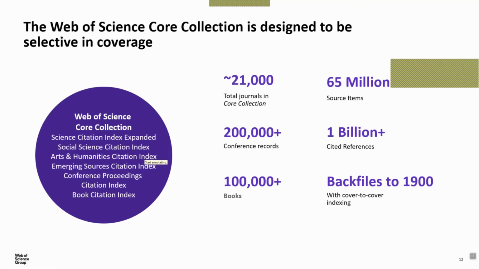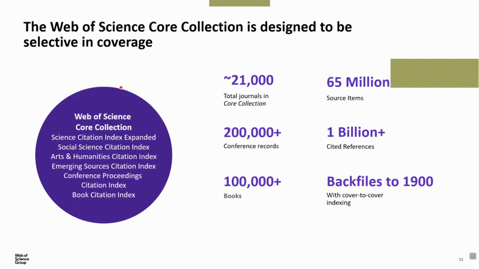Okay? So the Web of Science core collection is made up of the Science Citation Index Expanded, Social Science, Arts and Humanities, Emerging Sources Citation Index, Conference Proceedings, Books Citation Index. Okay, so everything that is in here is called the core collection.